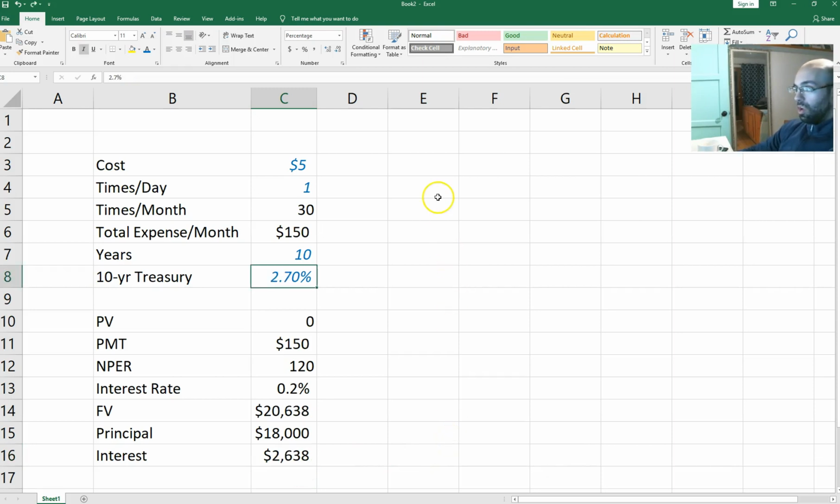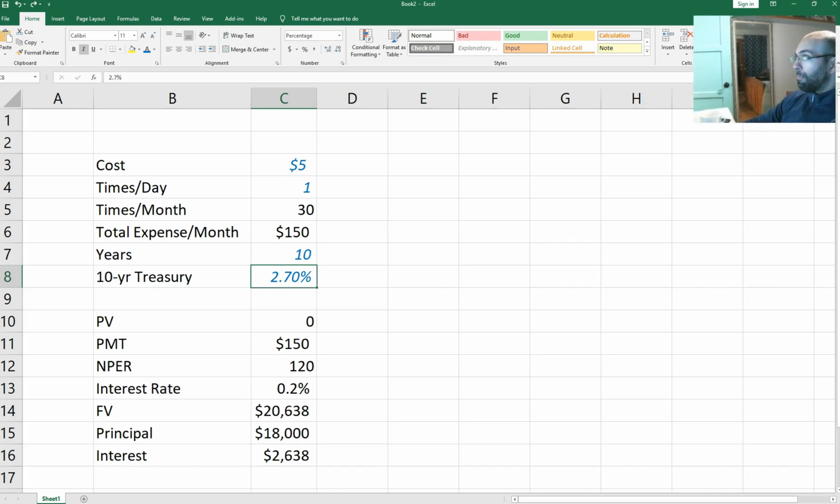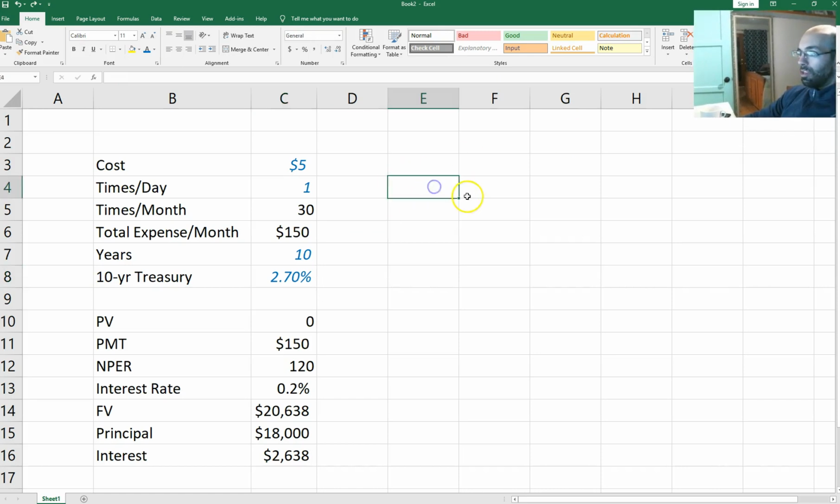What we could do is create a sensitivity analysis here, and I'll just quickly do that for you guys. So what we're looking at is what happens to total future value with changes in the interest rate. Let's just add 0.5 percentage points, or 0.5%.